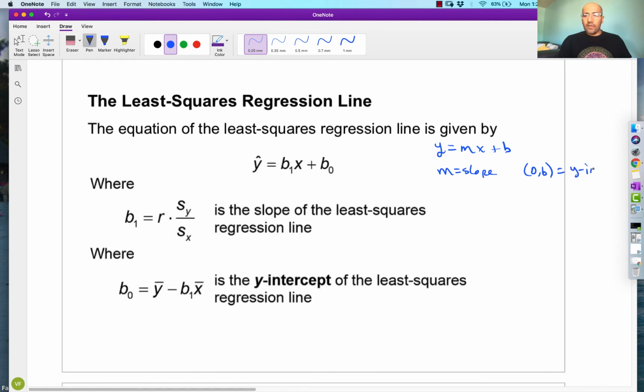We're doing the same kind of thing, except instead of using the letters m and b like we usually do in algebra, in statistics they've decided to switch to b sub 1, where b sub 1 equals the slope, and 0 comma b sub naught equals the y-intercept.